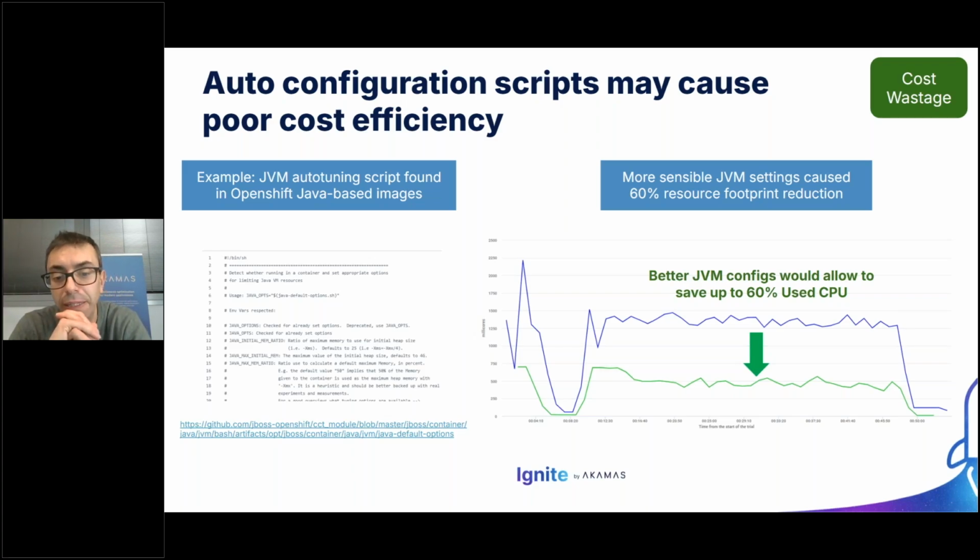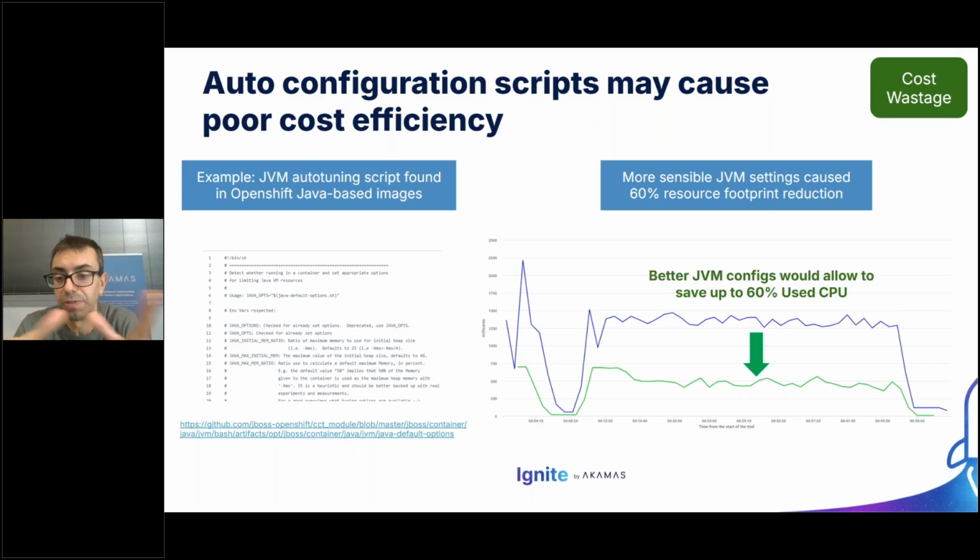from being optimal. What you see on the right is the result of an optimization initiative, where the blue line is the amount of CPU that was being used by the JVM as a result of those automatically recommended configurations. In the green line, you can see the effects of tuning the JVM properly.